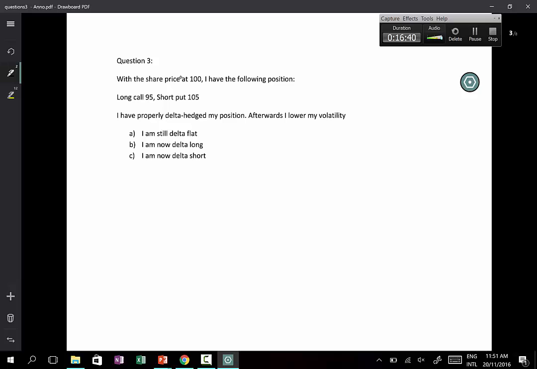So I'm long the call and I'm short the put. If I'm long the call at 95, and I have properly delta hedged my position, and afterwards I lower my volatility.